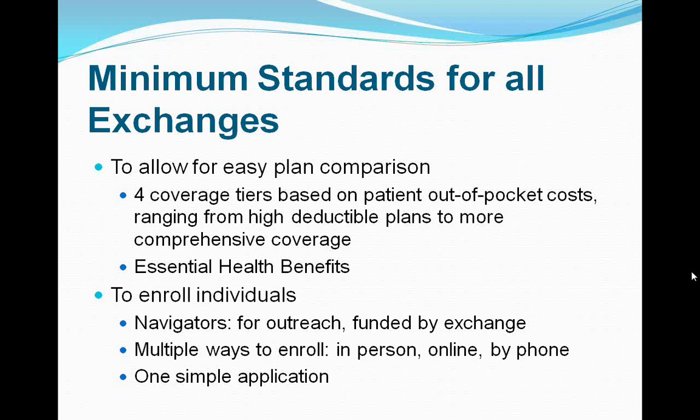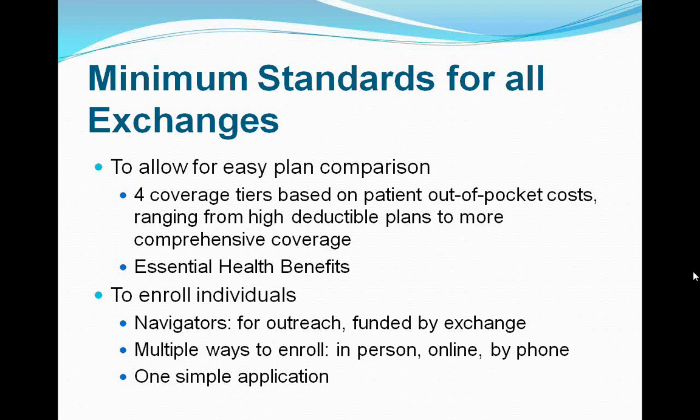The difference in the coverage tiers is based on how much a patient can expect to pay out of pocket versus what their plan will cover. And this is for an average patient population. They look at the whole population of patients, come up with an average patient, and run them through a plan design and say, for that plan, the patient can expect to pay 40% of all the costs incurred during the year, and the plan will pay 60%. That is the lowest tier of the 4.